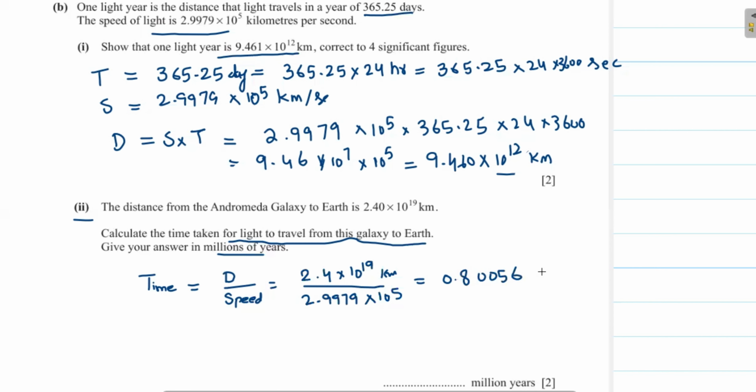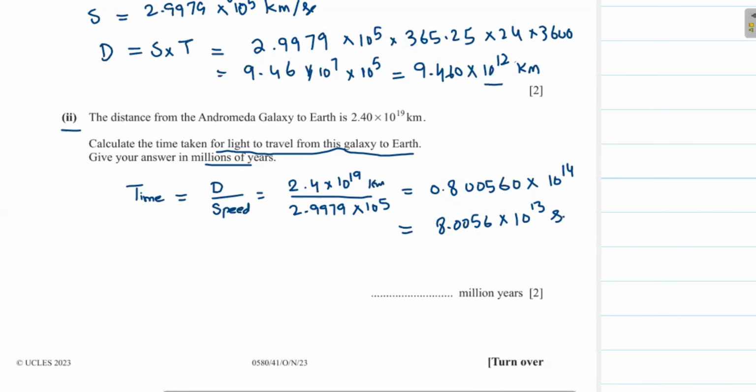0.80056 multiplied 10 power 14. And we can write it as 8.0056 multiply 10 power 13. Now the answer is in seconds, we convert into years.